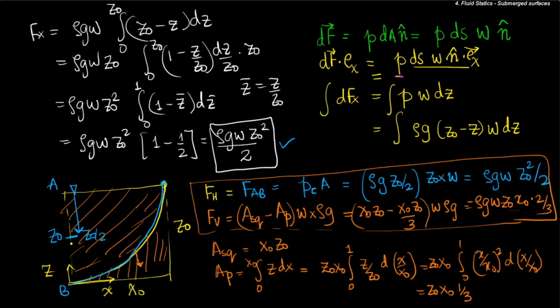For such a simple problem it's really not much of a deal, but in case the curve becomes complicated, it's not always easy to parameterize the curve and to obtain a closed form solution using an integration. But you can find out projections of surfaces rather easily and find out the net force using Newton's third law.